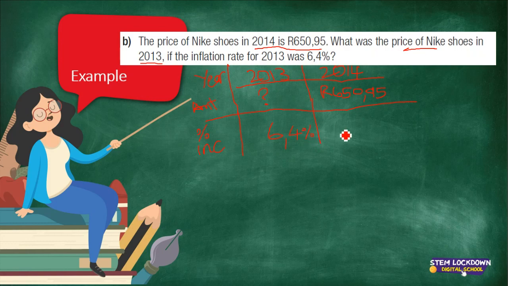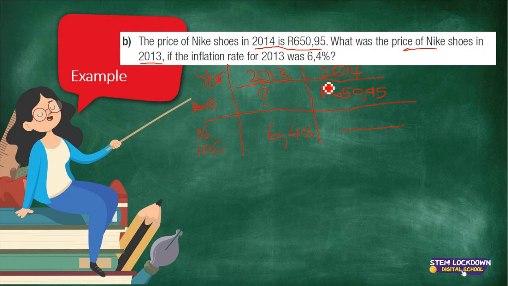Obviously, we're not given this increase or the inflation for 2014. So I want to know, what was this price before this increase? Now, learners, what is important in this case is that you ask yourself, will this amount be more or less than that amount?